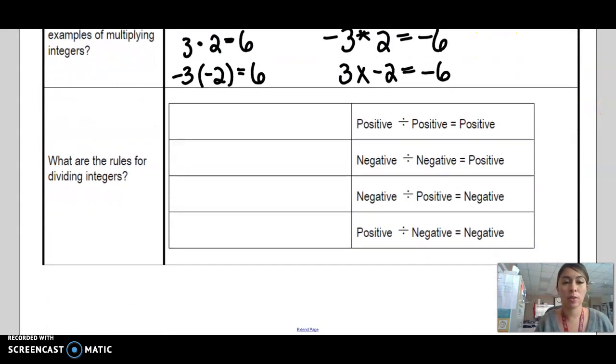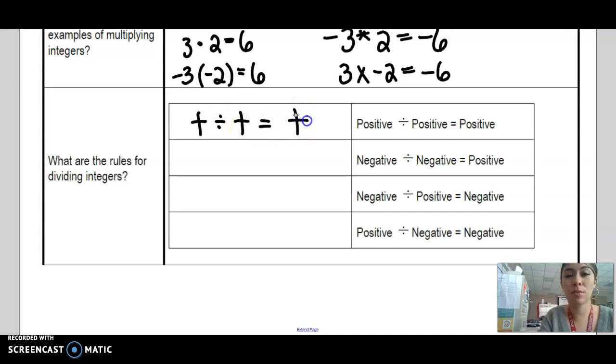Next, let's talk about the rules for dividing. They're going to be very similar to multiplication. So let's say we divide a positive number with a positive number, your answer should be positive.